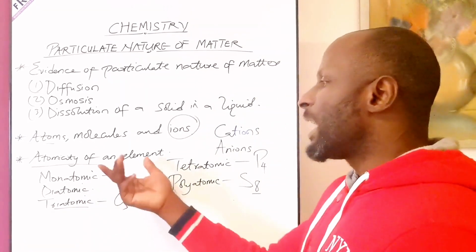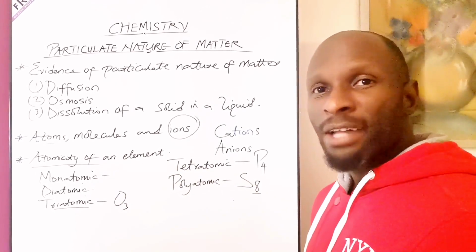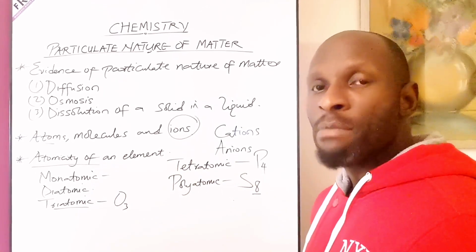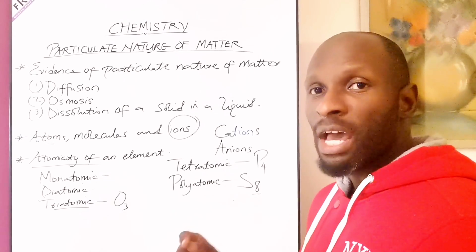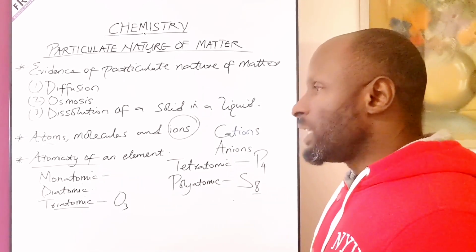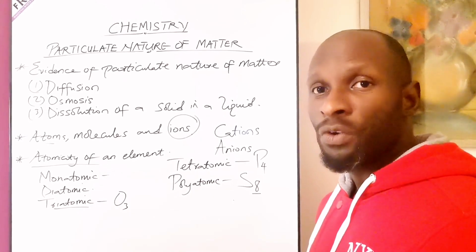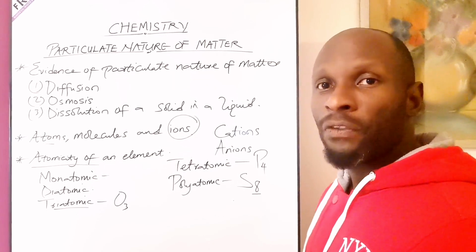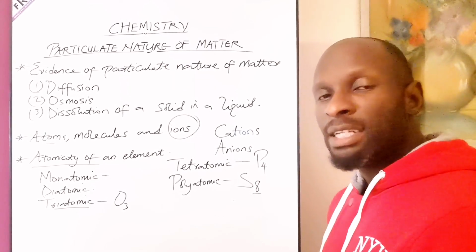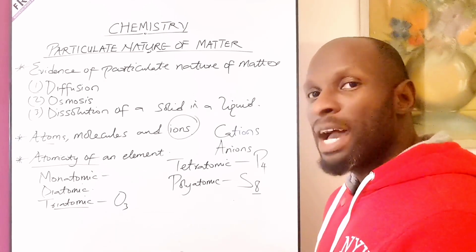Okay? Then we said atomicity refers to the number of atoms of that element that make up a molecule of that element. Okay? Good. Now, in our next lesson, we would be looking at atomic theory.